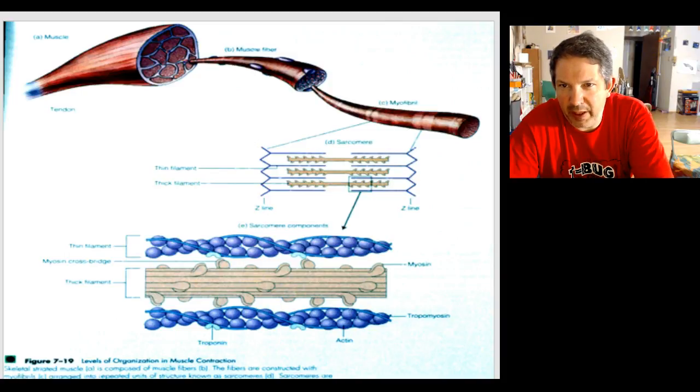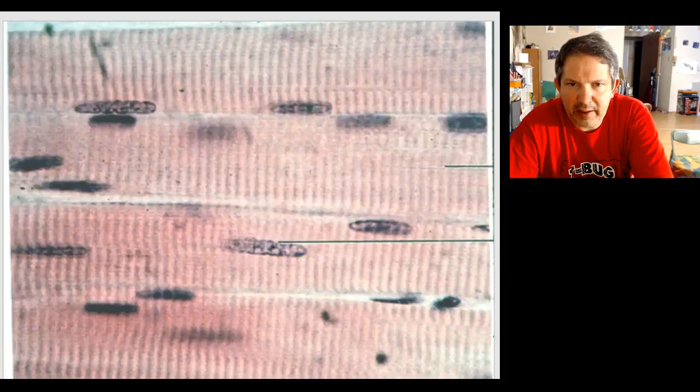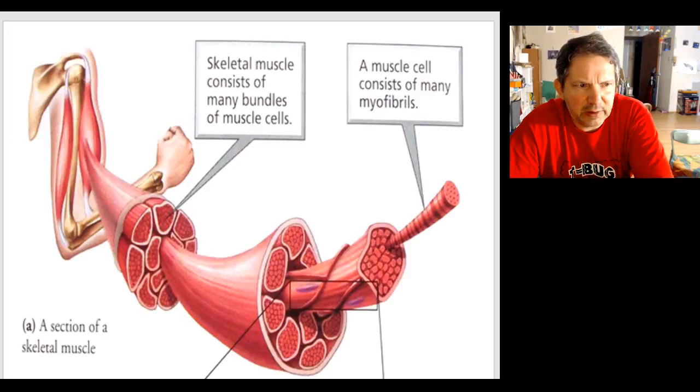We have wide bands that are dark, and then lighter bands with a thin dark band in the middle, and we can kind of see that here. On this one, we just see these dark lines with space in between. Those are our Z lines.